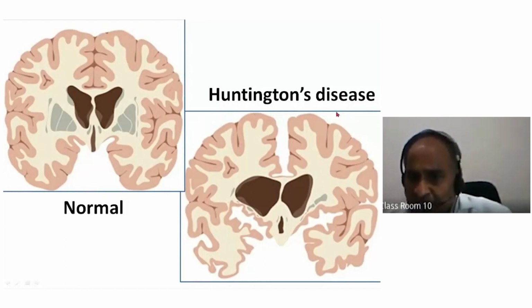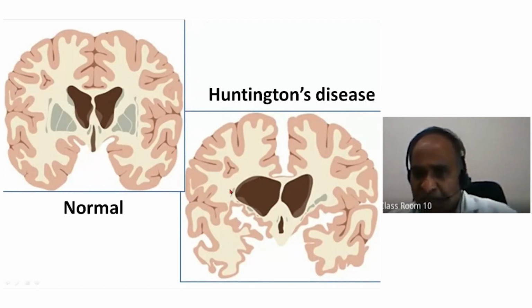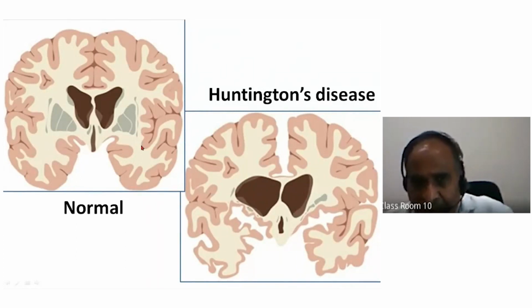Whereas in the Huntington disease, you just see that this part is the ventricle, and now this ventricle is expanded. You can see that the ventricle is expanded on both sides. Maybe the expansion is not uniform on either side, but it is more here on the left side and less here on the right side. But what is happening?